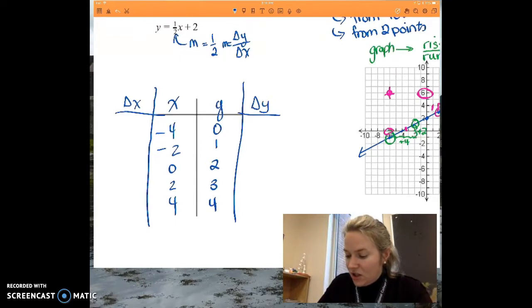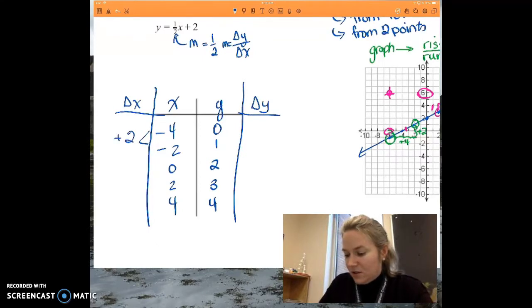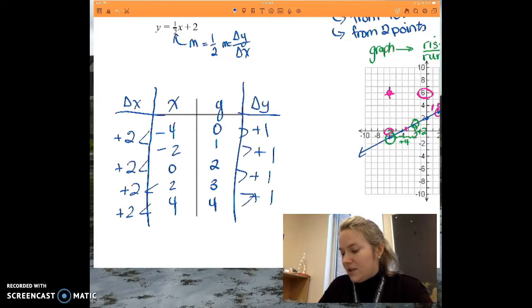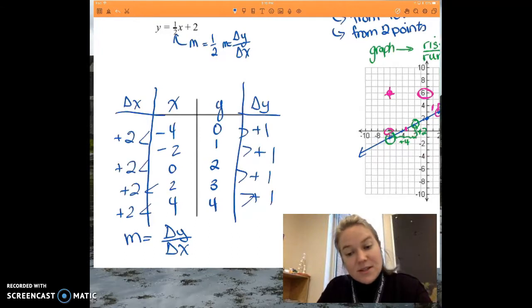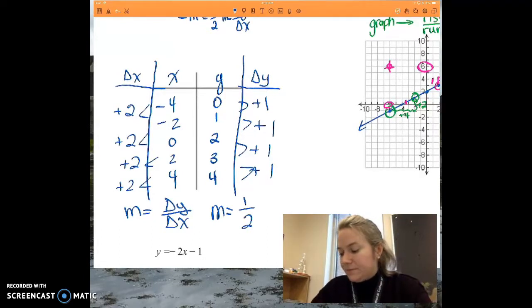From negative 4 to negative 2 goes up positive 2, positive 2, positive 2, positive 2, and from here it's going up plus 1, plus 1, plus 1, plus 1. So if m equals delta y over delta x, I substitute these numbers in and say m equals 1 over 2.